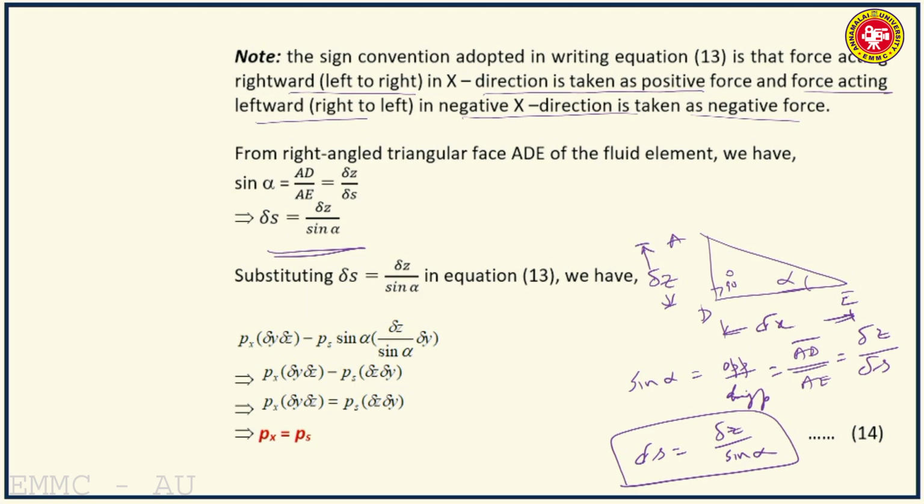If you simplify it, ultimately you get Px equal to Ps. So what is the meaning? The pressure intensity in x direction is equal to the pressure intensity in s direction, which is normal to the inclined face of the wedge shaped fluid element.